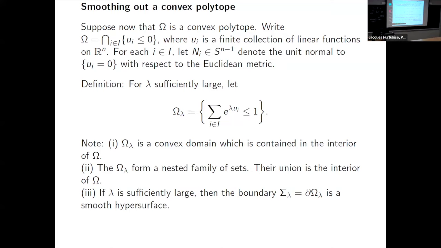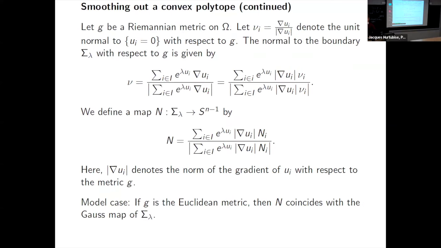So basically they form an exhaustion of this polytope by convex smooth domains. And then I will denote the boundary by sigma sub lambda. And this is now a smooth hypersurface.